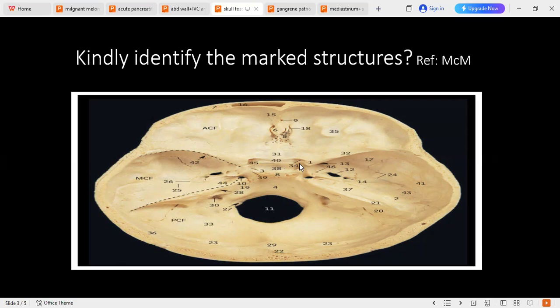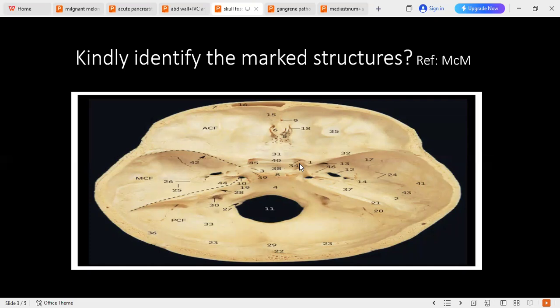How many are they in number, and how many of them are paired, and how many of them are unpaired? I can just name them. I don't know. I think seven or eight are paired and six, seven are unpaired. Wait, you should know that 6 are paired and only 4 are unpaired. Now tell me their names, please.